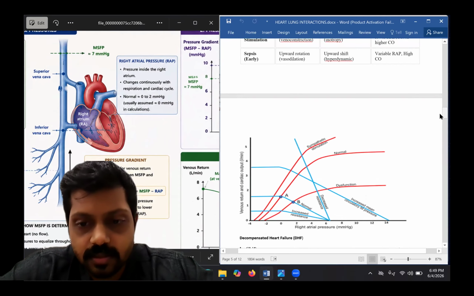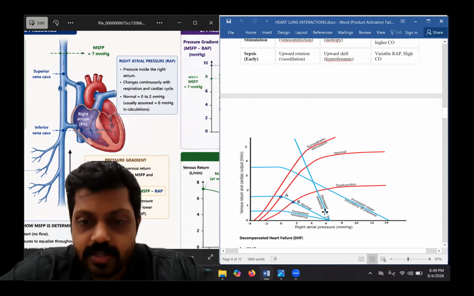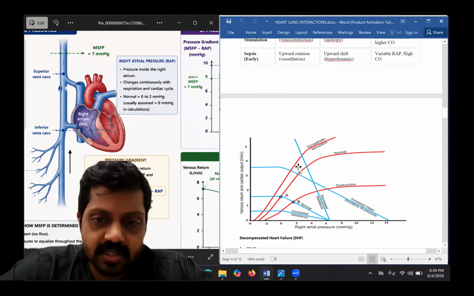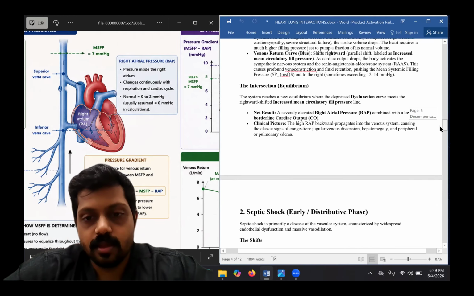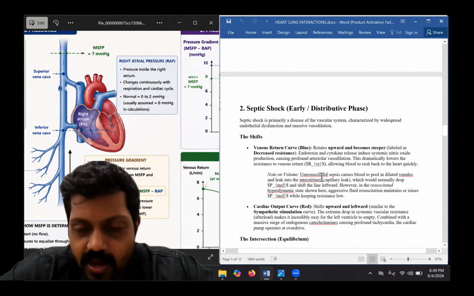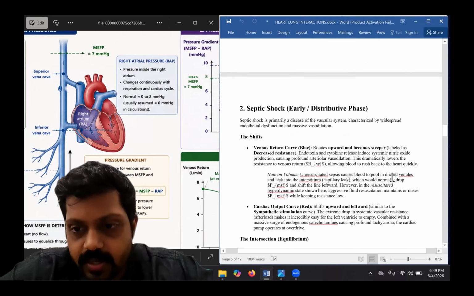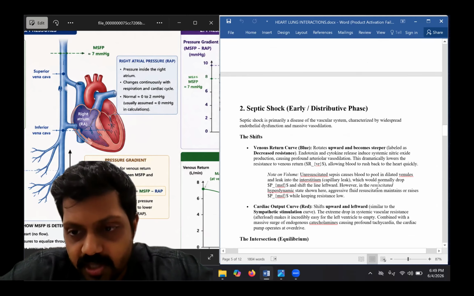That is the curve here. In the arterial vasodilated state, the reduced resistance to venous return causes the venous return to keep increasing, going upward. Whereas in unresuscitated sepsis, if adequate resuscitation is not done, blood is pooled in the venules and starts leaking into the interstitium.